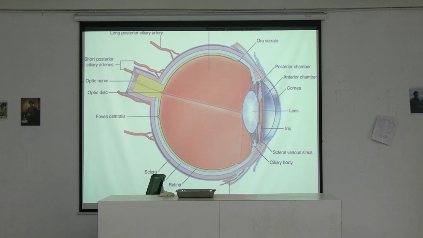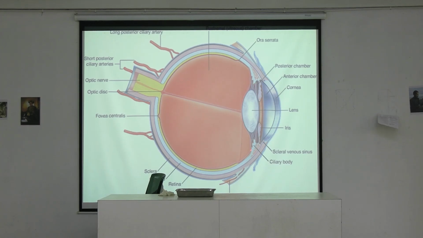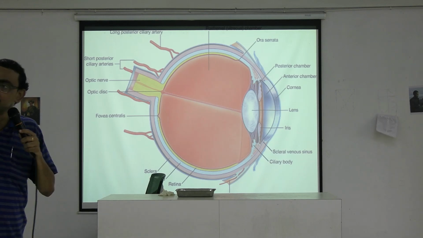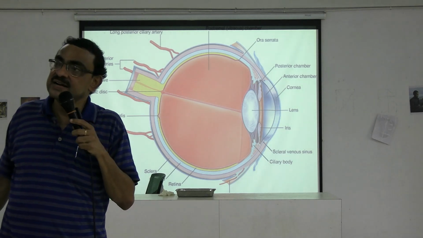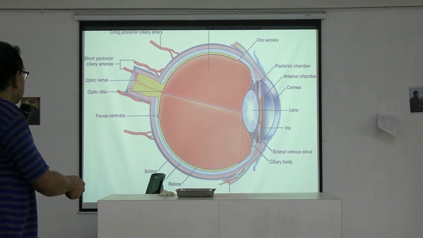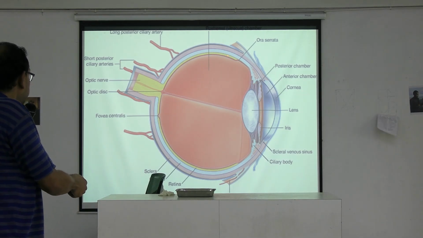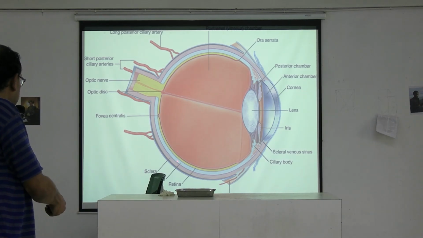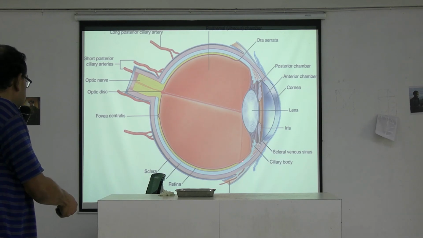But you can find this layer is continuing and it is covering this part, and also ciliary body, and it covers the iris also. So the retina, the nervous layer, ends at the ora serrata. But the pigment layer of the retina goes to cover this area.